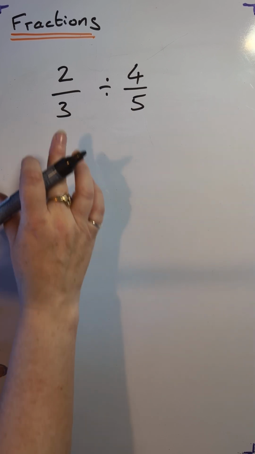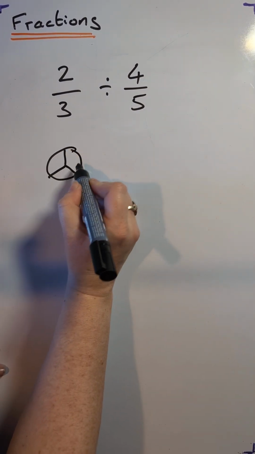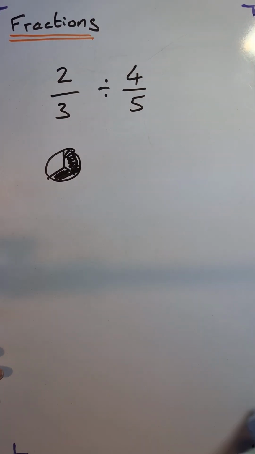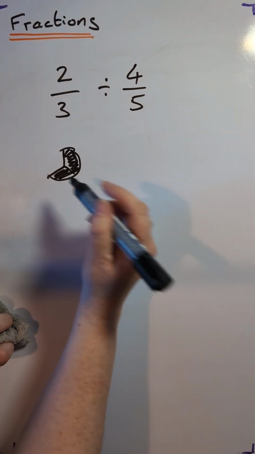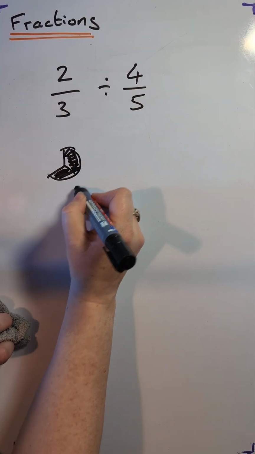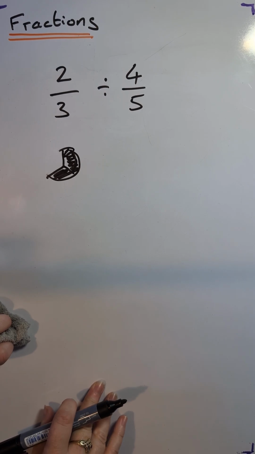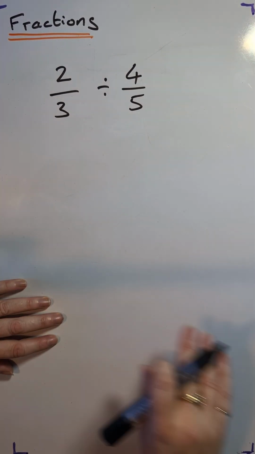Now in reality, that means you've got something that's 2/3 of a shape, and you're then dividing that shape further into 5 and 4 of them, which is a complex thing to try and think of.